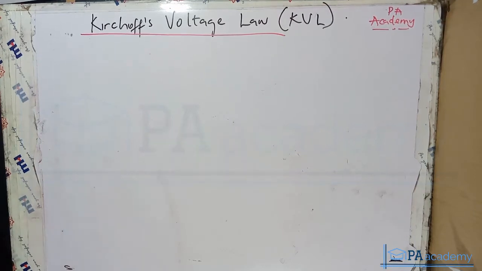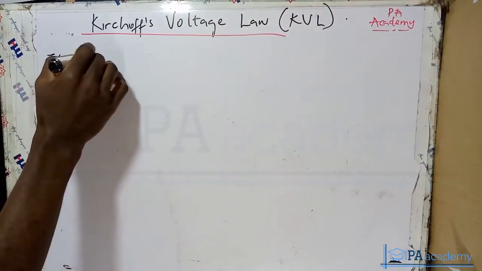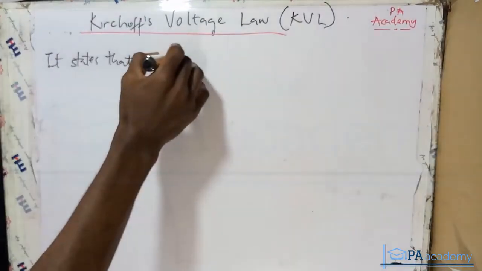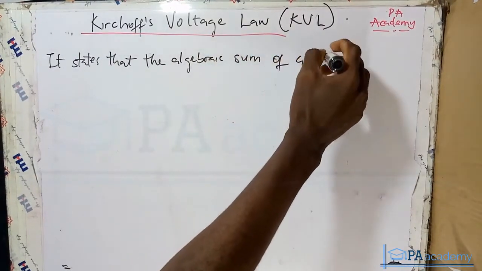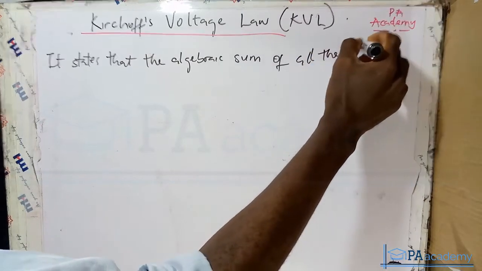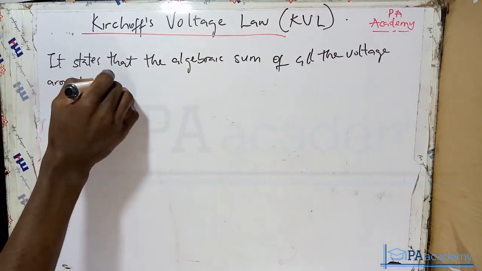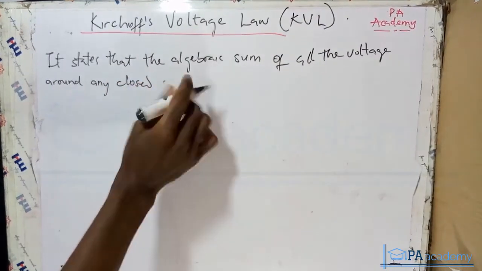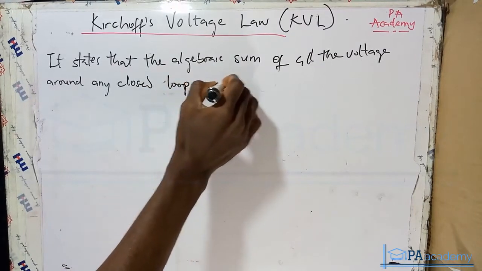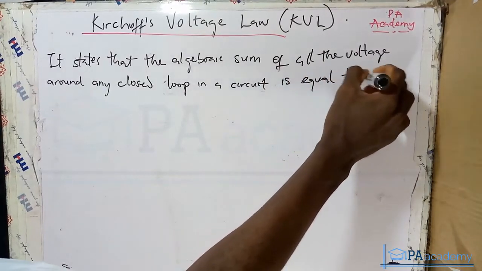Alright, now let's come back to this video, Kirchhoff Voltage Law. So to start with, we are going to be stating what the law actually says. According to Kirchhoff, the Kirchhoff Voltage Law states that the algebraic sum of all voltages around any closed loop in a circuit is equal to 0.